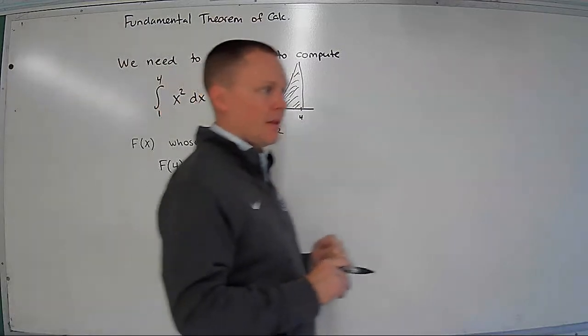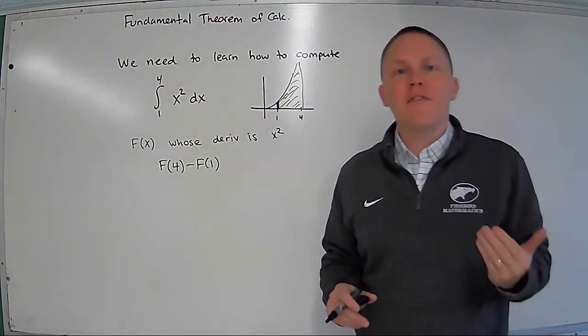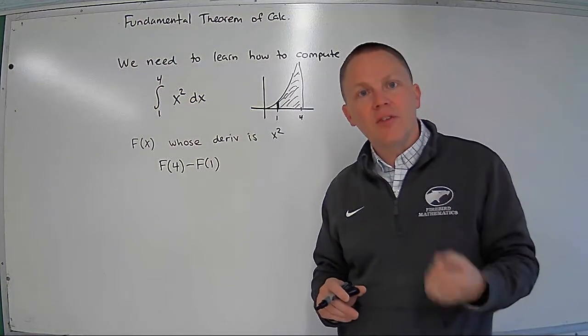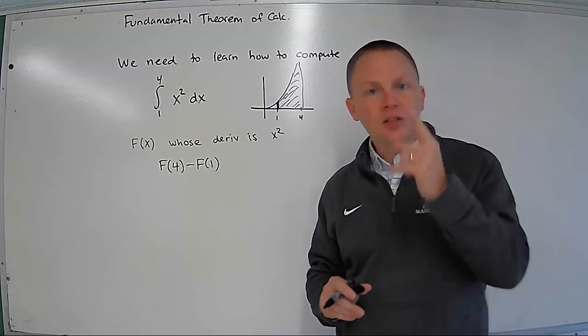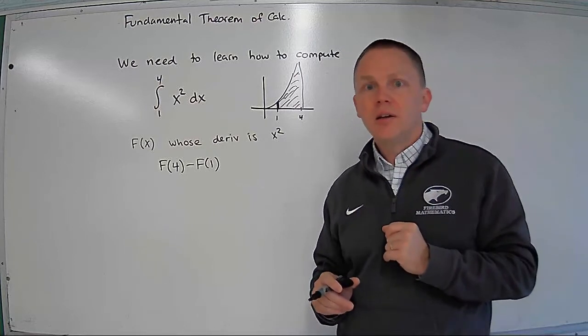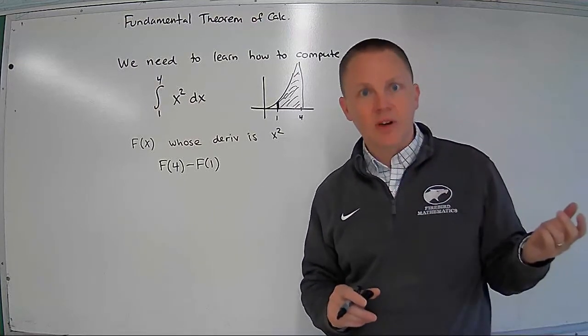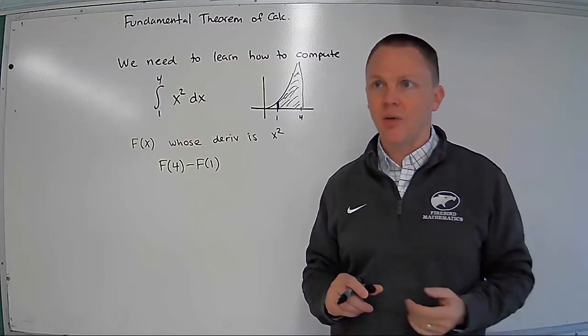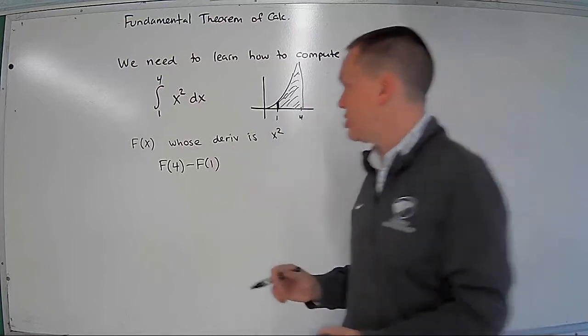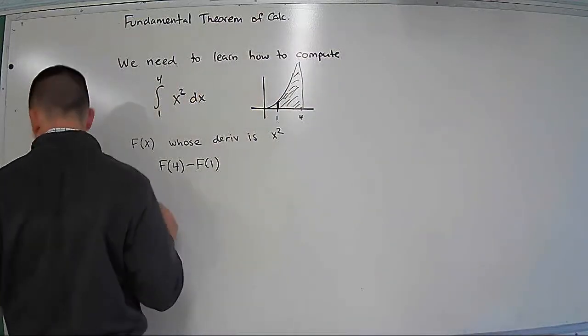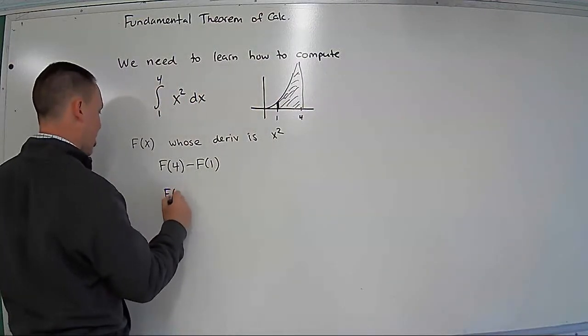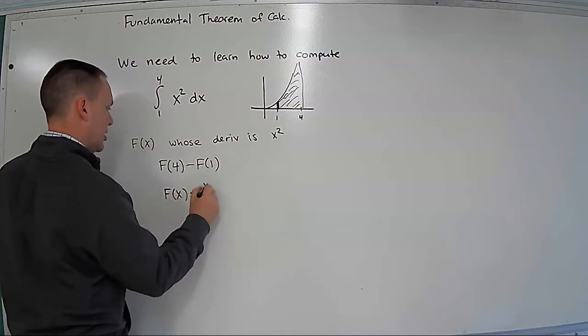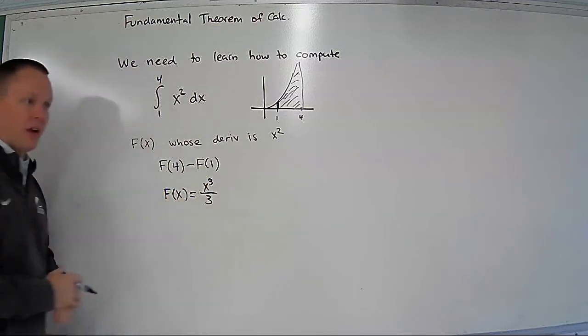Now, can you think of a function whose derivative is equal to x squared? The answer is yes, you can. It's the antiderivative of x squared. That's why we learned some of those antiderivative techniques right away, so we would be able to make these connections. So the antiderivative, this big F function, is x cubed over 3.